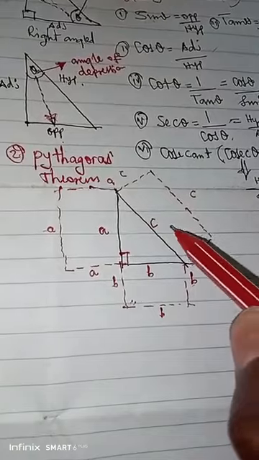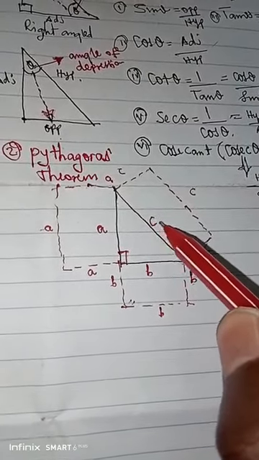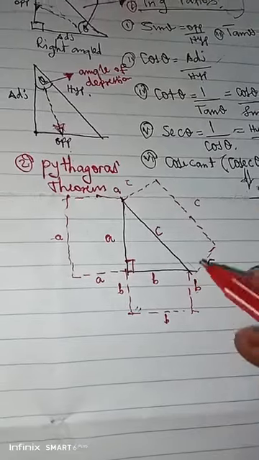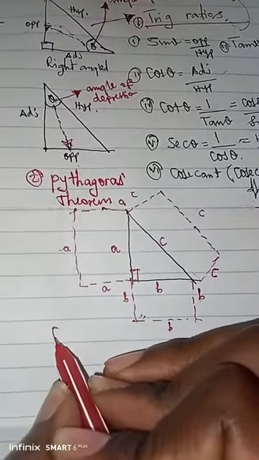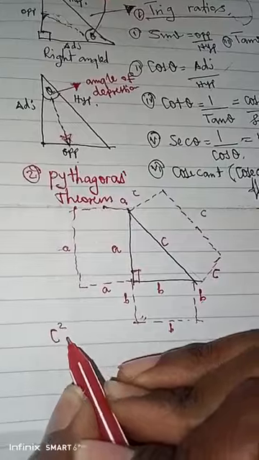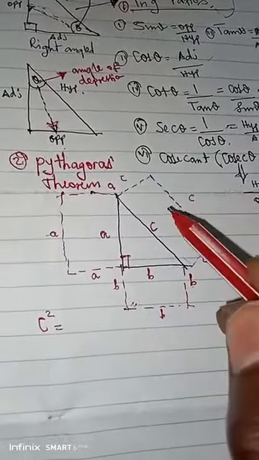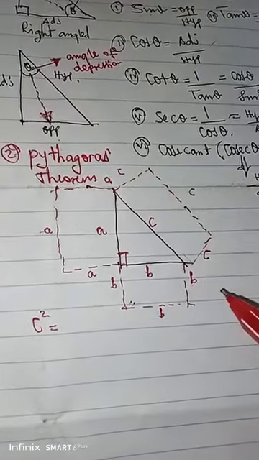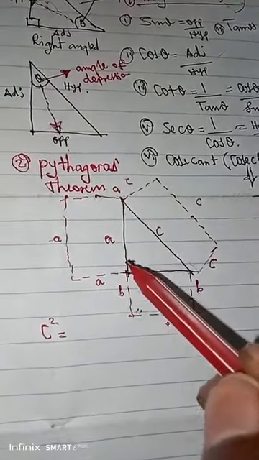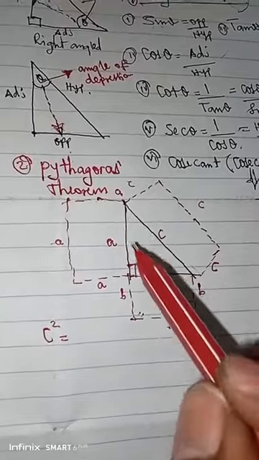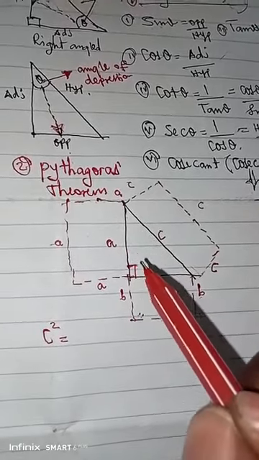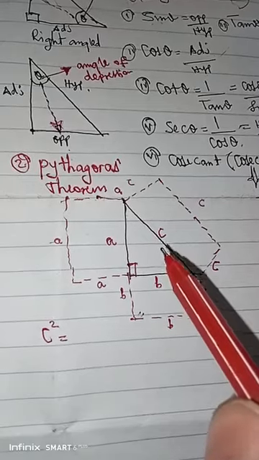He said that the square of the hypotenuse, which in this case is c, so when I say the square of the hypotenuse, I mean c squared, is equal to the sum of the squares of the two adjacent sides of the right angled triangles.